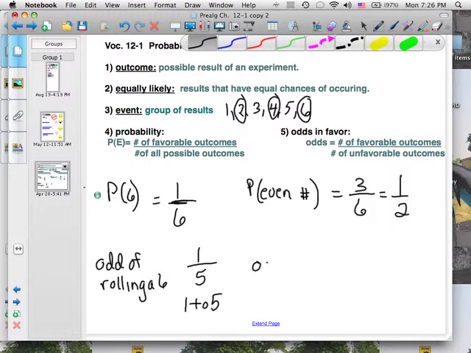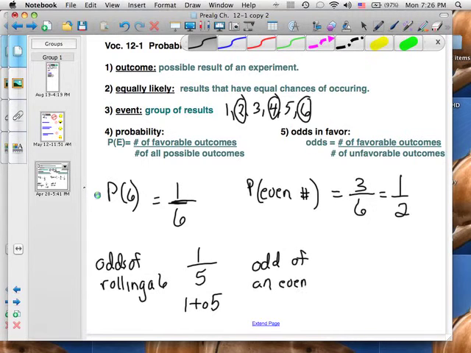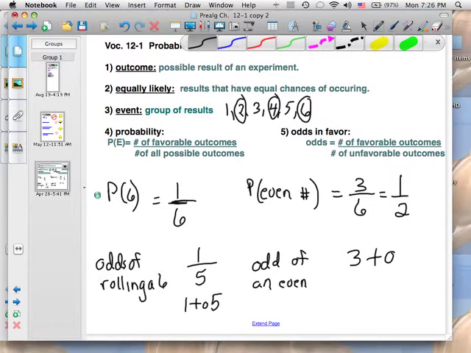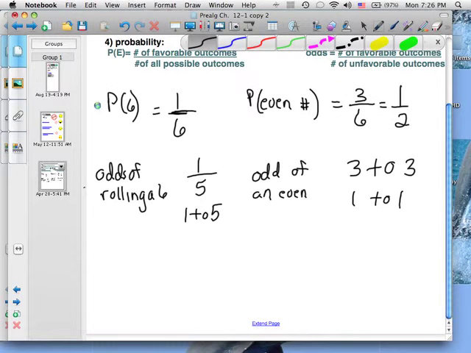And the odds of an even number: there are 3 evens to 3 odds, so it's 1 to 1. So that basically explains odds.